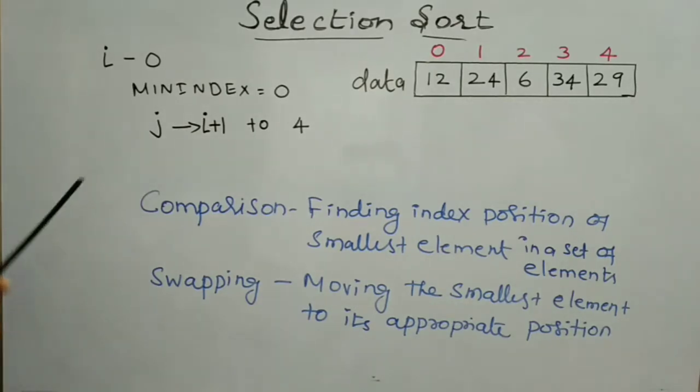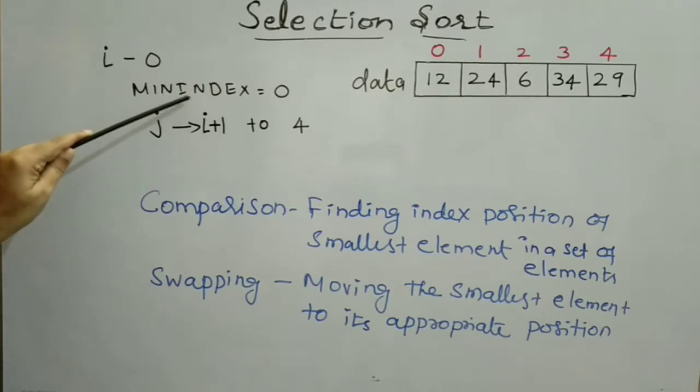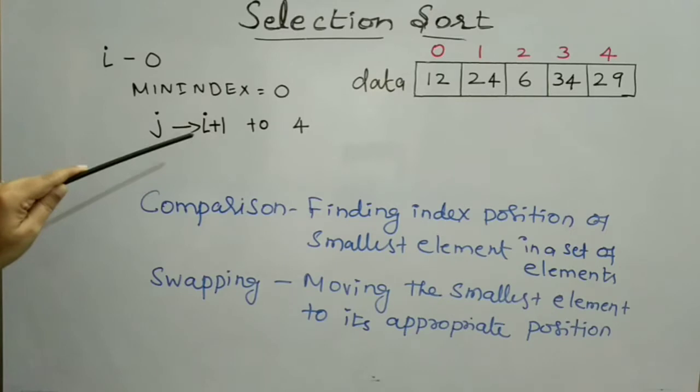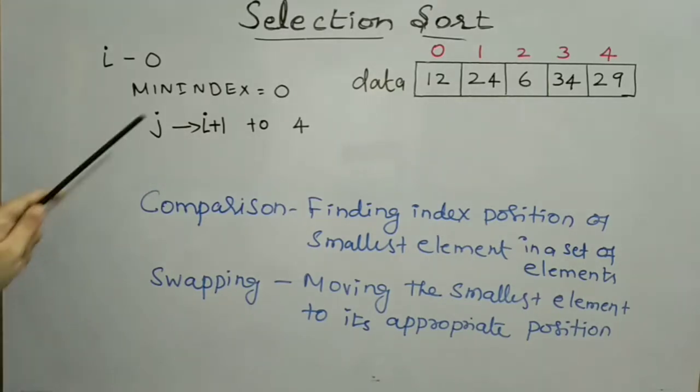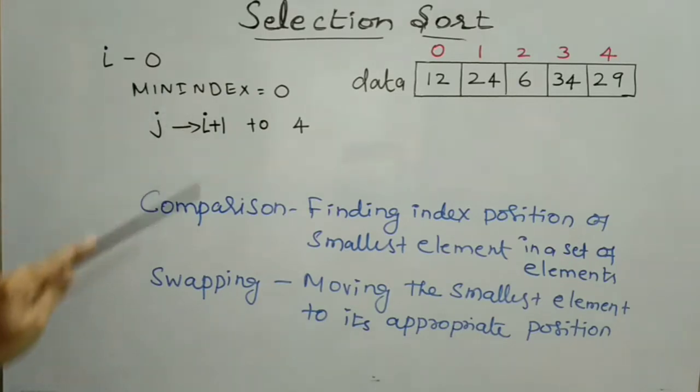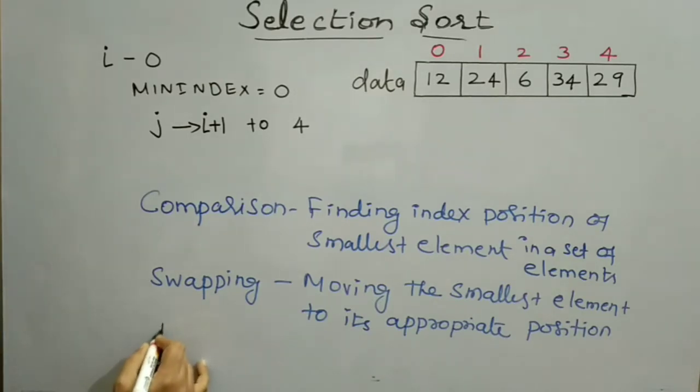If we find any element which is lesser than the element in the minimum index position, we are going to find the minimum index, that is the position of the smallest element among this set of elements. After finding that, we are going to swap that element to the appropriate position.